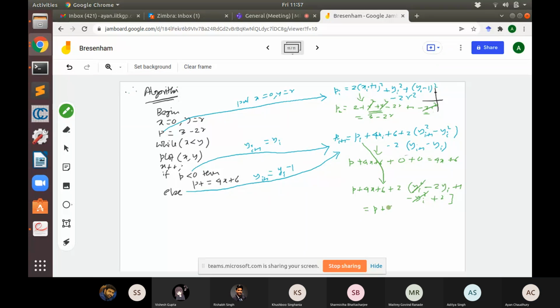That means p plus 4x plus 6 minus 4yi plus 2 plus 2 equal to p plus 4 x minus y plus 10. It's normal operations, okay? So we copy the same thing here. But in this case, y is actually decreasing, right? So we have to decrease the y as well. And then p plus is equal to 4 multiplied by x minus y plus 10. That's it. And you end the if.